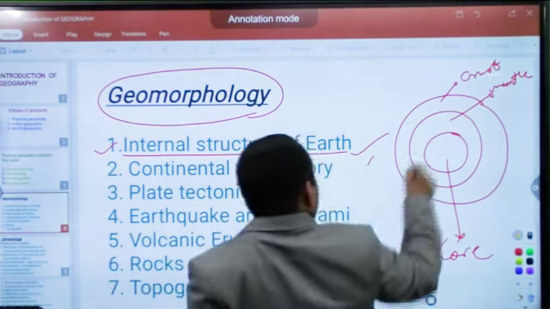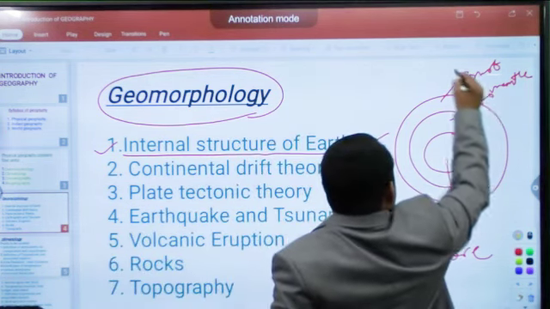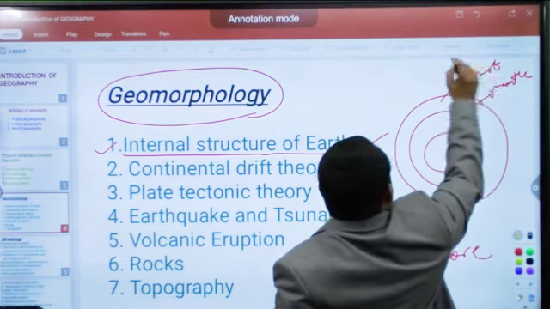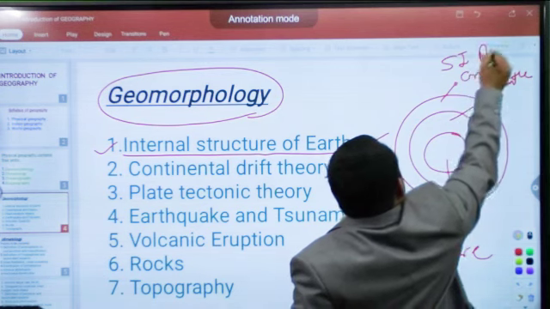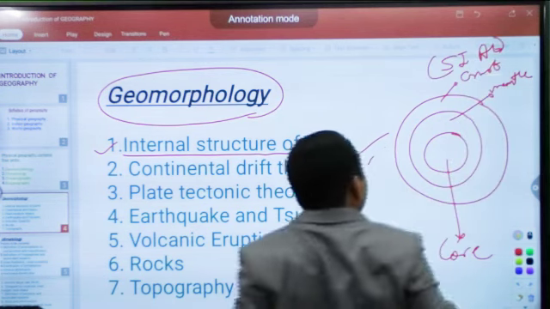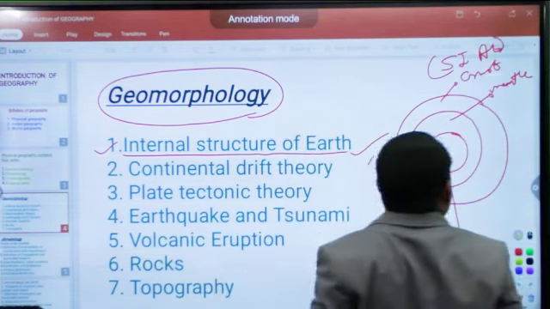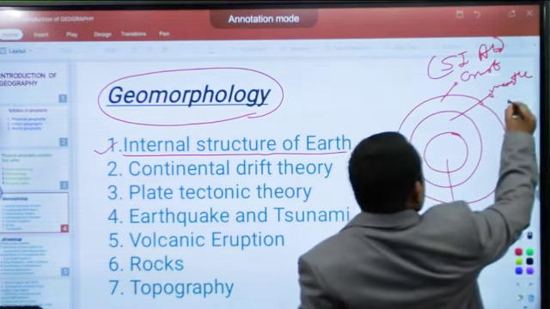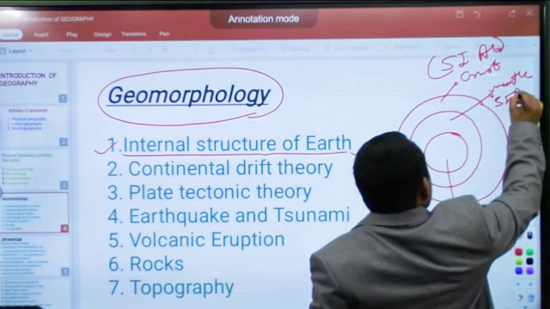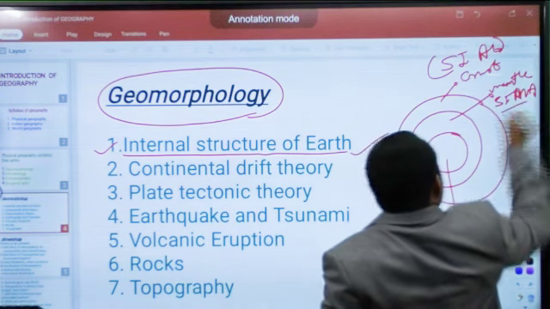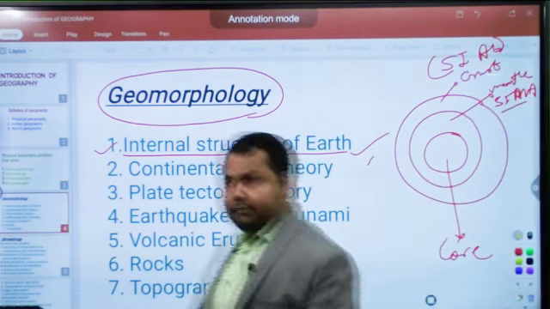If we talk about the crust, it consists of silicon and aluminium, that's why it is called Sial. In the middle portion, what is the mantle? It consists of silicon and magnesium, that's why it is called Sima.